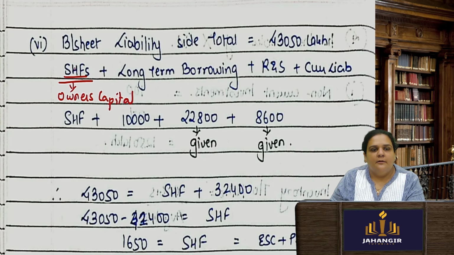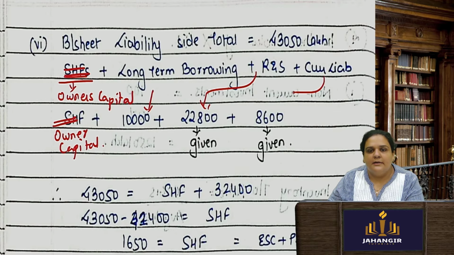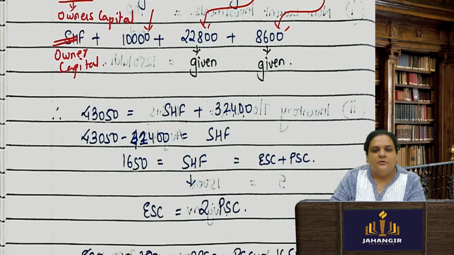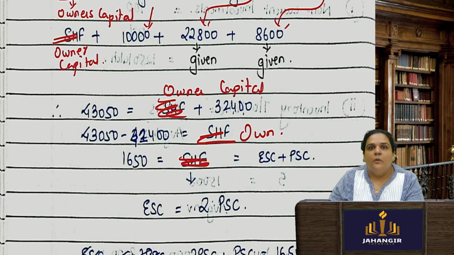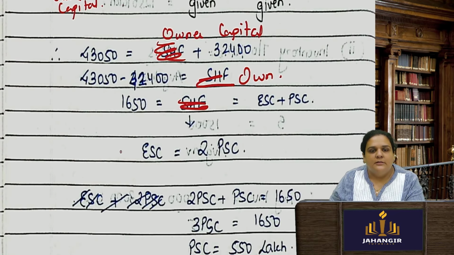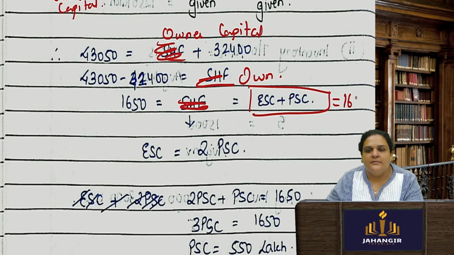Owners capital plus long-term borrowings plus reserves and surplus given, current liabilities is given. So your own capital is going to be 1650. That means equity share capital plus preference share capital is equal to 1650.